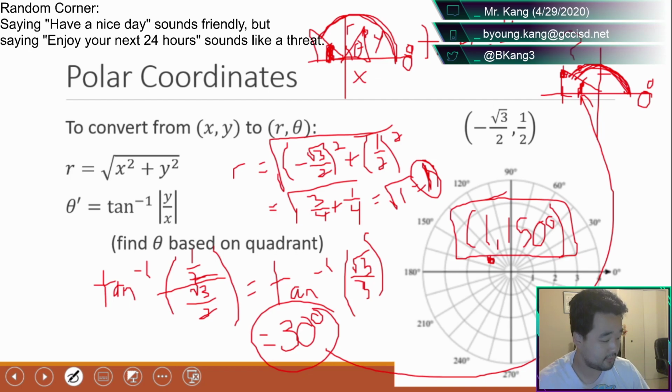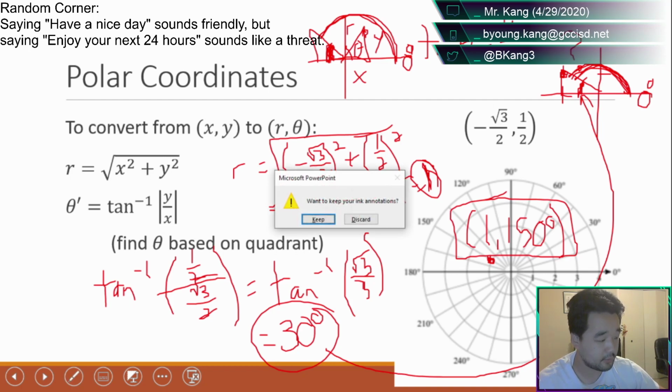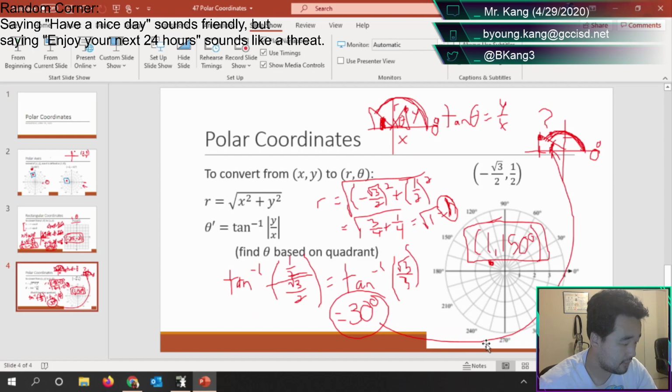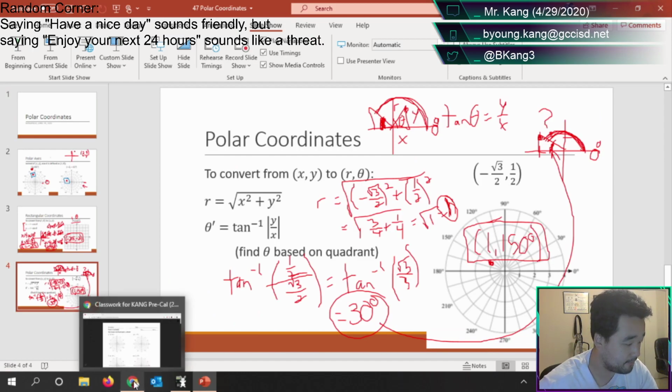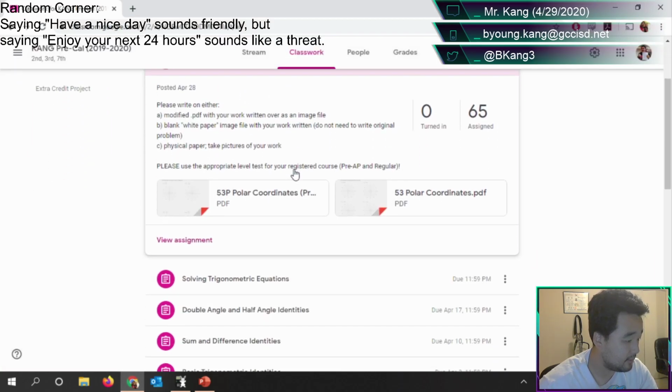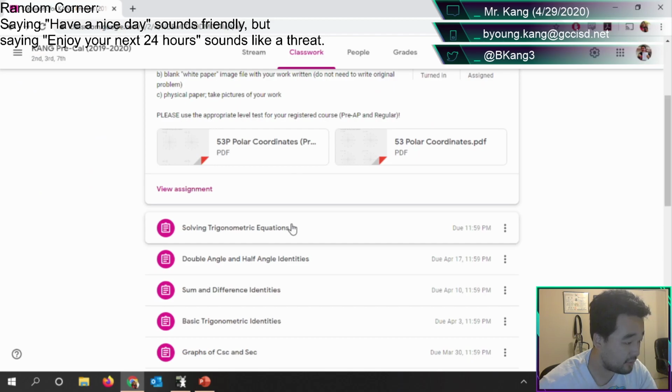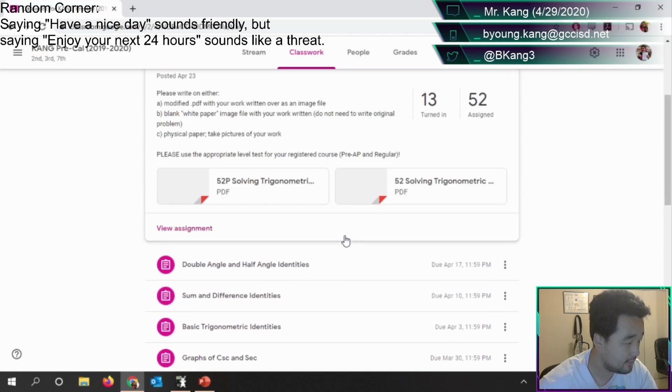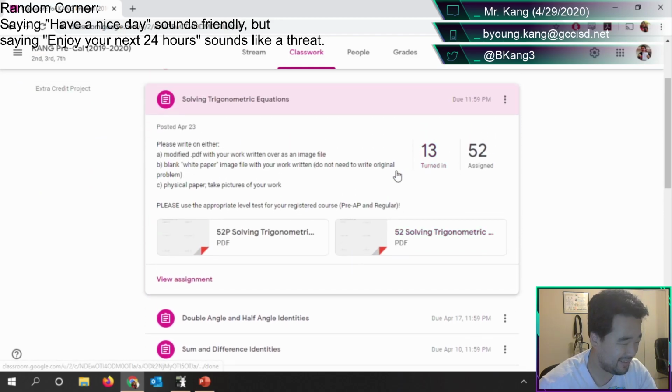And that's it for this intro lecture. This is just starting with polar. That's all there is to it for now. We're going to do graphs of polar next week. And then you have this assignment. And then remember, you still have solving trig equations due today. Oh boy, 52 of you still need to get this done.